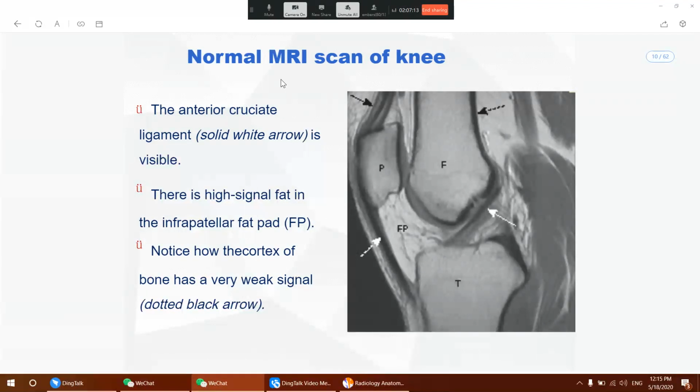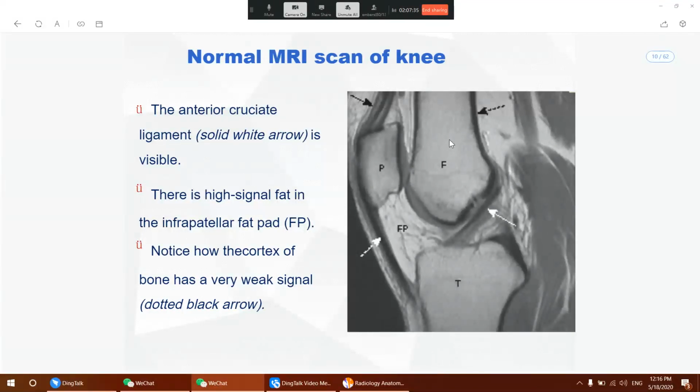Now, you can actually see here that the signals coming down from the knee are high signals. You see here, this is white in color, so I can say this is a hyperintensity or a high signal density coming down from the femur.